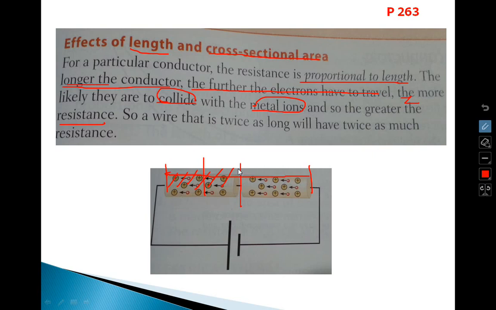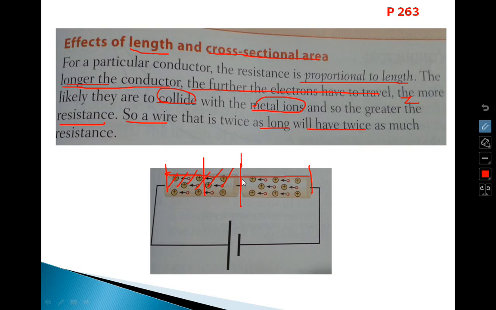So the conclusion is the longer the conductor, the further the electrons have to travel, so the more likely they are to collide with metal ions. For example, if we have any wire of metal, like copper, which is a very good conductor, a wire that is twice as long will have twice as much resistance.